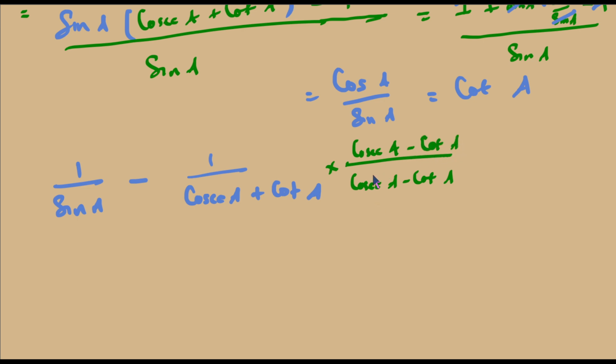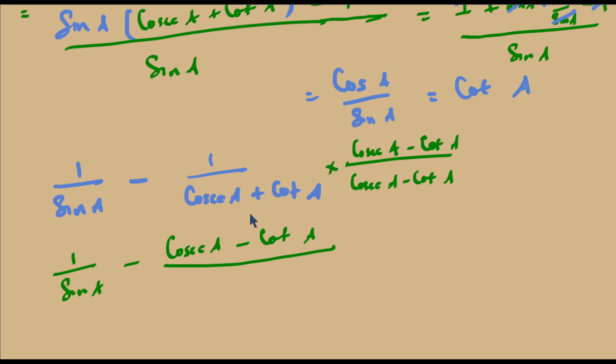We are multiplying both numerator and denominator by the same expression. And what do we have? We have 1 by sine A minus cosecant A minus cot A, and the denominator is cosecant A plus cot A into cosecant A minus cot A, which is A squared minus B squared, and you know that cosecant squared A minus cot squared A is equal to 1, and this is what we used in our earlier left hand side also.